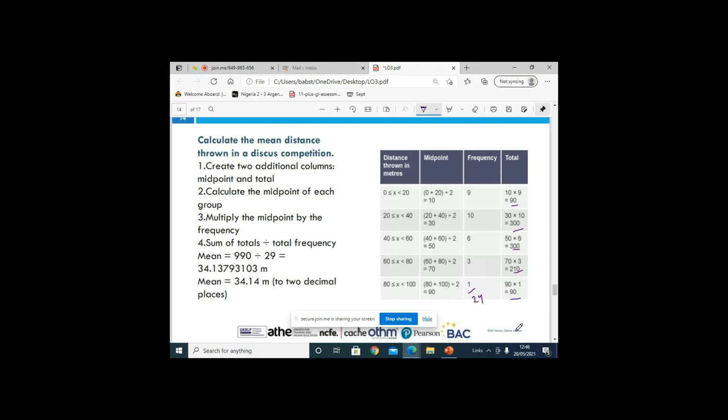So what is 990 divided by 29? It's 34 point, yes, 34.13.